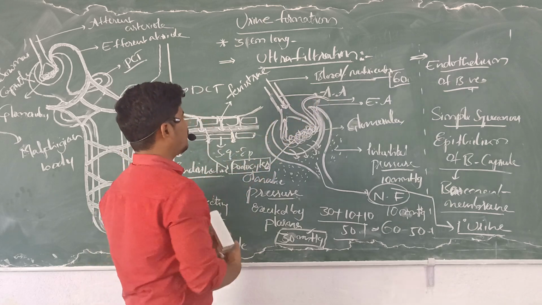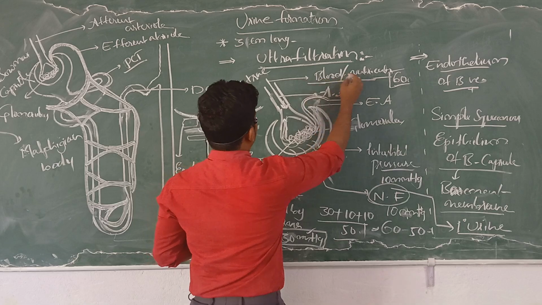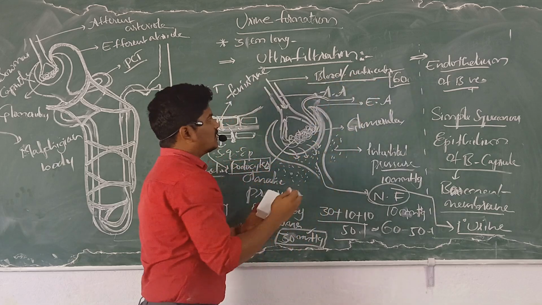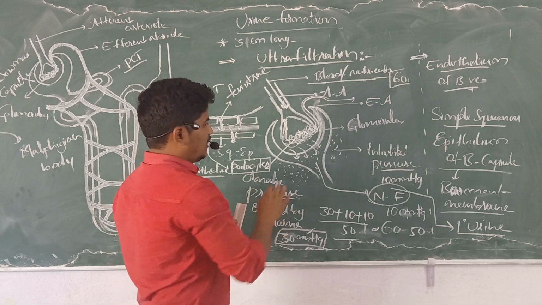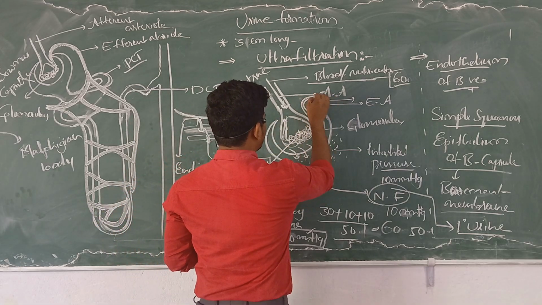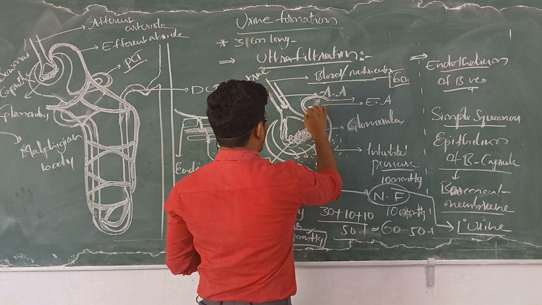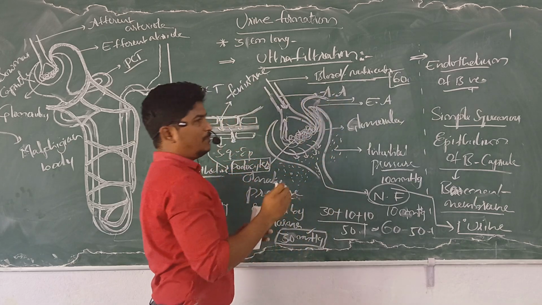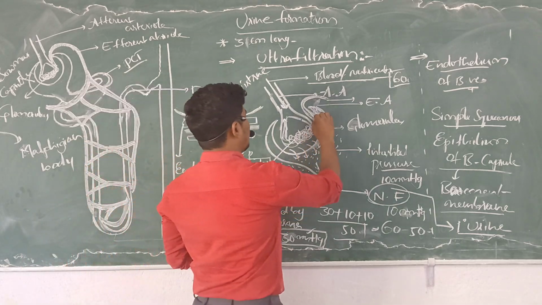If it's wider, all the blood and nutrients can travel in this one because it has the wider lumen. But if you see here, this one has a very small lumen. If it has a smaller one, it can't allow all the nutrients which are bigger. So that is the reason this one can't allow all the nutrients.